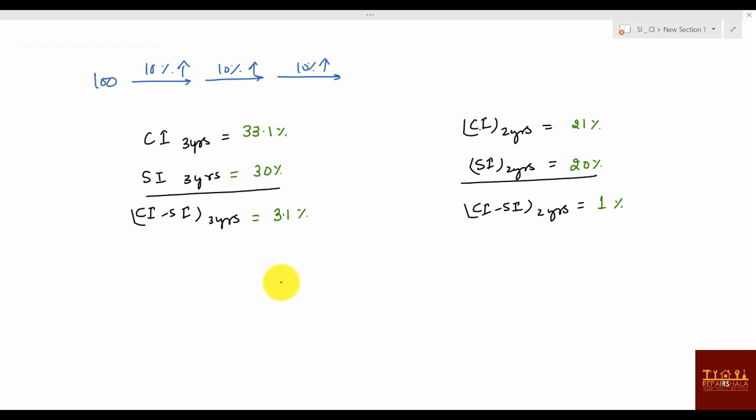Now remember what I am going to say. Take CI minus SI for 3 years divided by CI minus SI for 2 years.